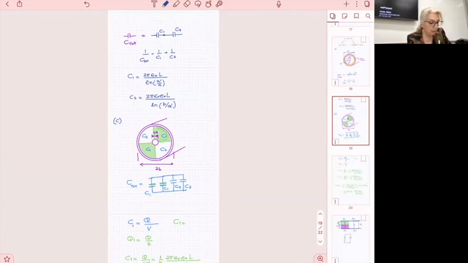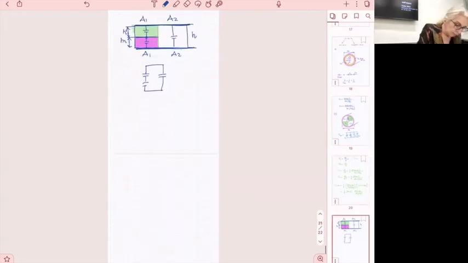So if I had 3 equal parts here, you would use 1/3; if I had only half, you would use 1/2. Remember, if I had another coaxial like this, then you would use 1/3 here, 1/3 here, 1/3 there for the capacitance, all right?